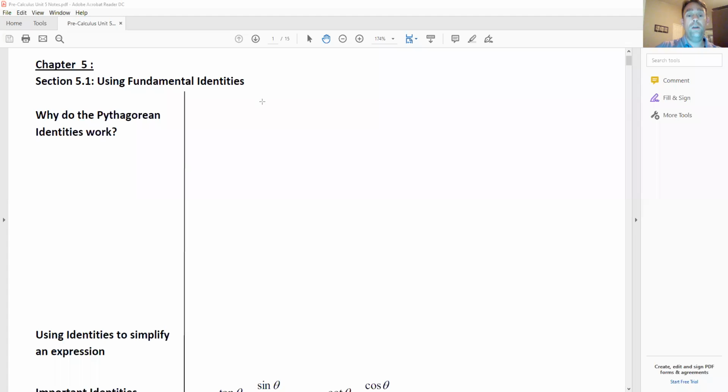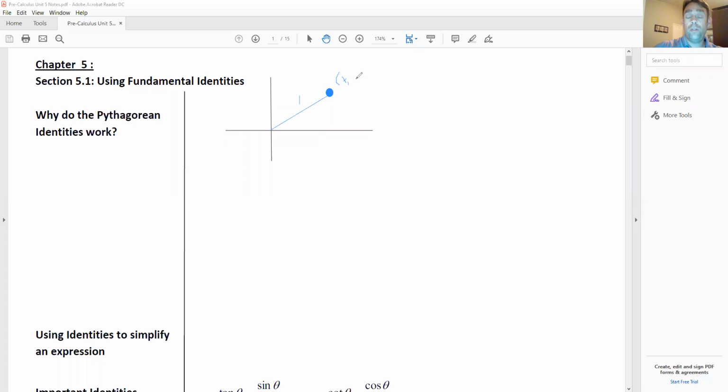So we're going to look at what we call our Pythagorean identities. Let's take a look at the unit circle again here. Remember, the unit circle is based off the idea that we have a radius of 1. I'm not going to draw the circle all the way around because we just need to look at one point here.